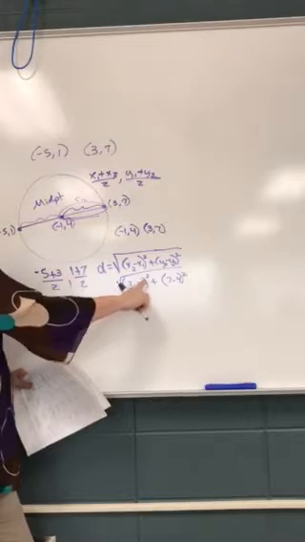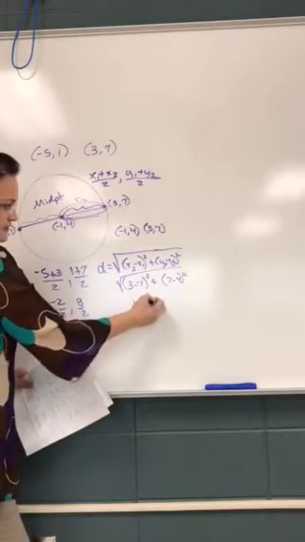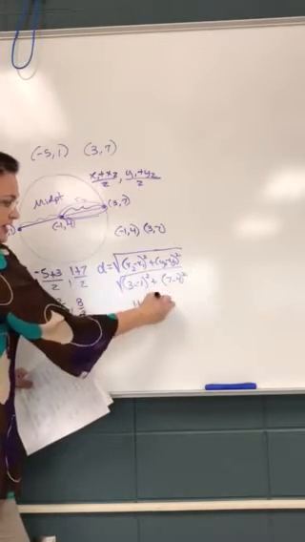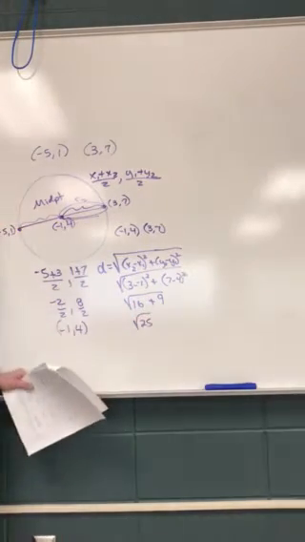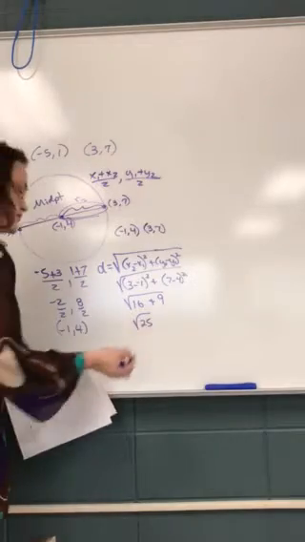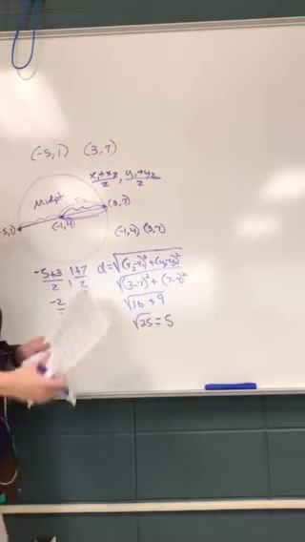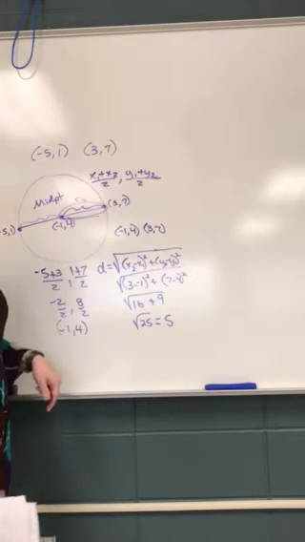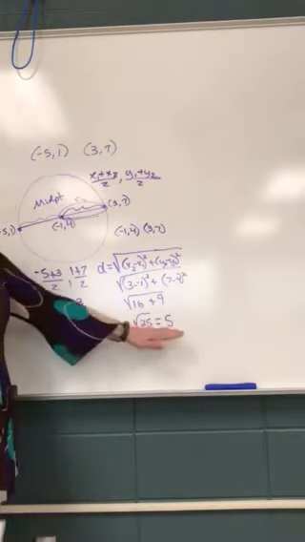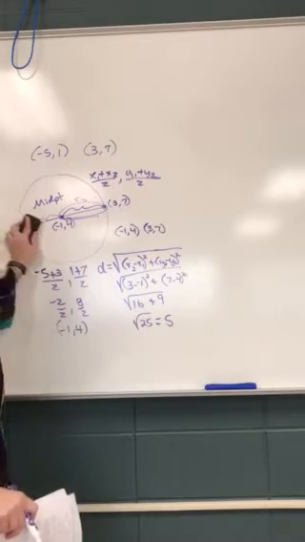That'll be 4 squared, or 16. That will be 3 squared, or 9. 16 and 9 is 25. And then this time it comes out perfectly. It does not always have to be a perfect square, but this time it is, coming out as 5. So now we've got the center and the radius amount.